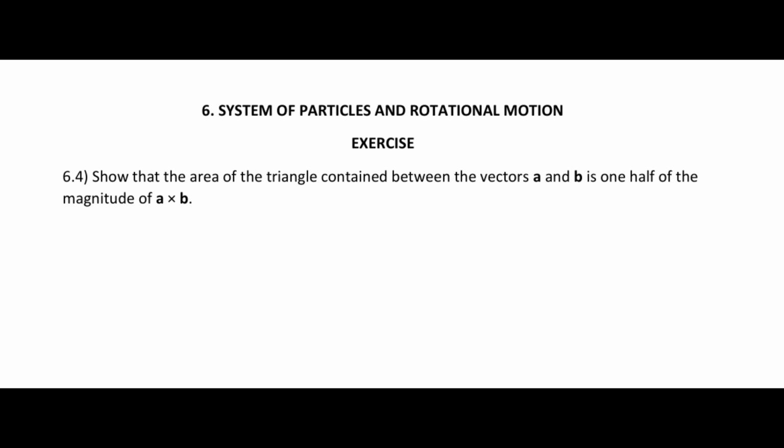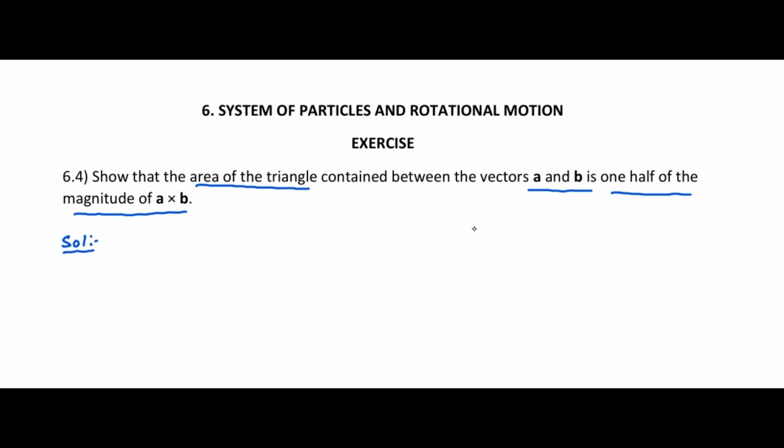Coming to 6.4. Show that area of triangle contained between the vectors a bar and b bar is 1/2 of the magnitude of a bar cross b bar.